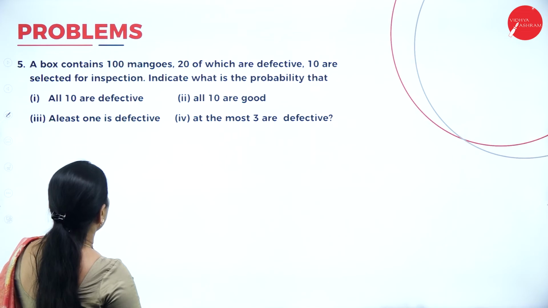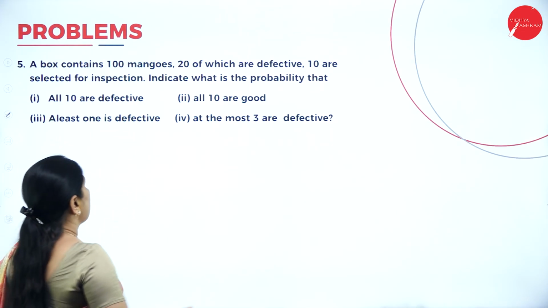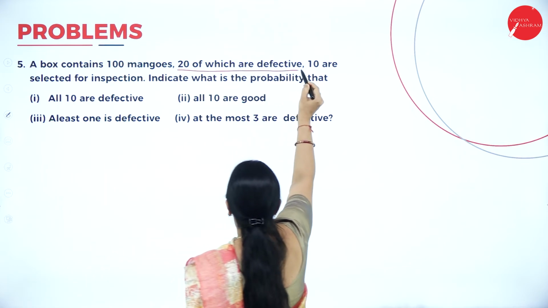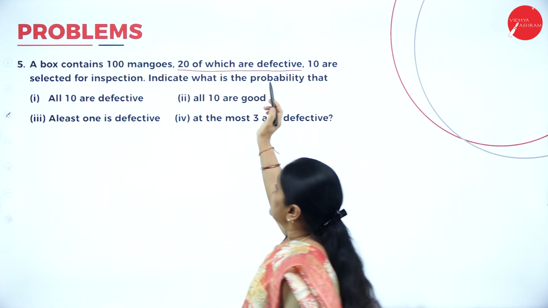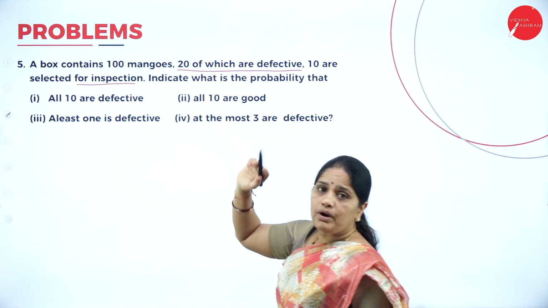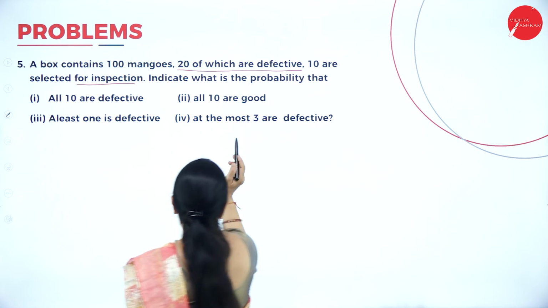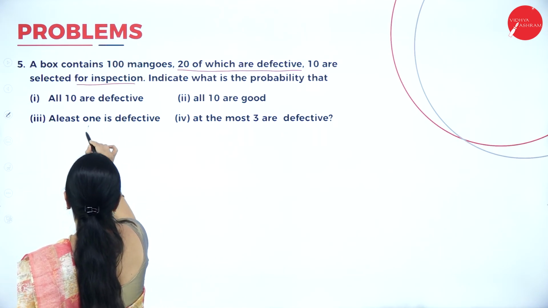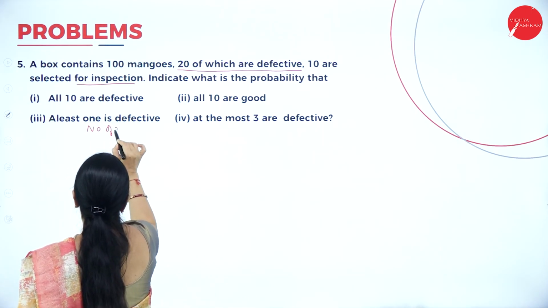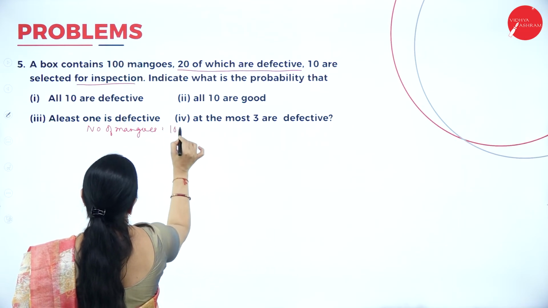Now the next problem. A box contains 100 mangoes, 20 of which are defective. 10 are selected for inspection. Indicate what is the probability that all 10 are defective. So we have to see there are boxes, the number of mangoes equals 100.